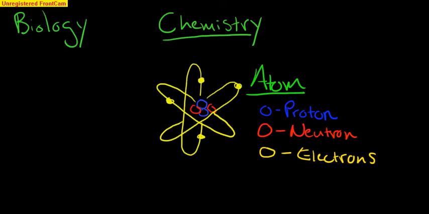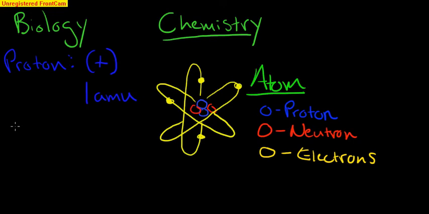Now, there are some characteristics of a proton, okay? So, proton. Well, one thing about a proton is it has a positive charge, represented by a plus. And it has a weight, and it weighs 1 atomic mass unit, okay?